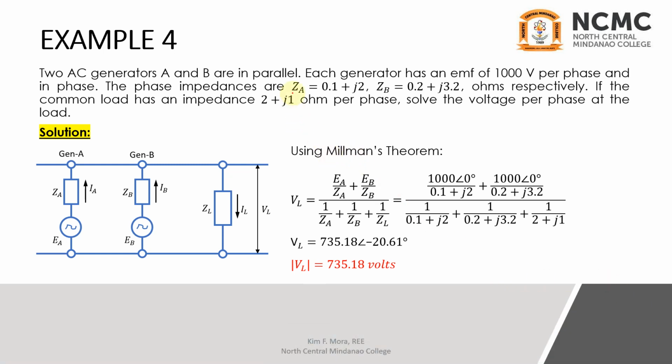We have ZA is equal to 0.1 plus j2, and then the impedance sa generator B. If the common load has an impedance of 1 plus j2 plus j1 ohm per phase, that is our ZL. Solve for the voltage per phase at the load.